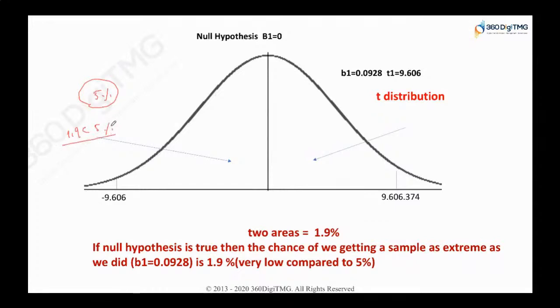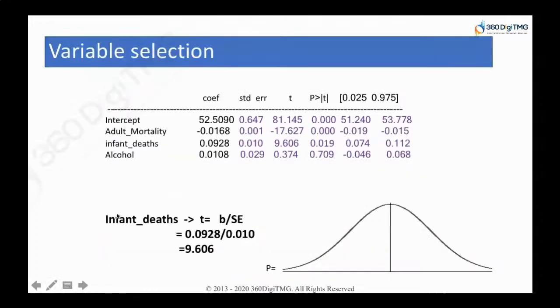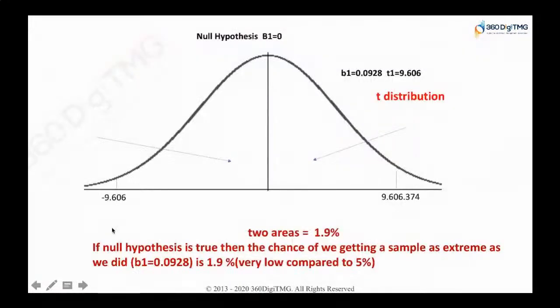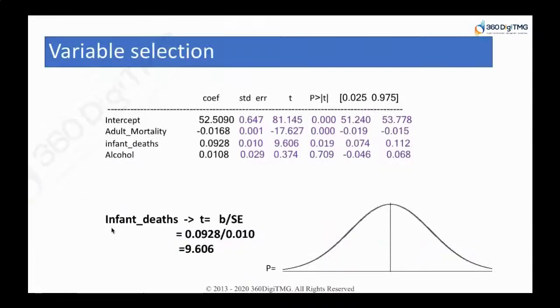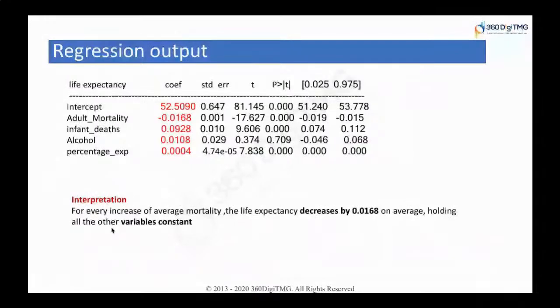It means that this particular variable, infant_death, is significant enough, so we are interested in taking it into consideration, whether it has a negative or positive impact on your y with respect to the coefficients. This is how you decide.